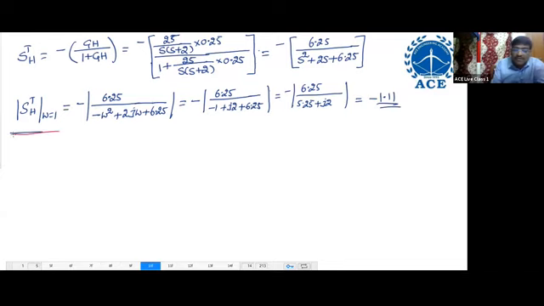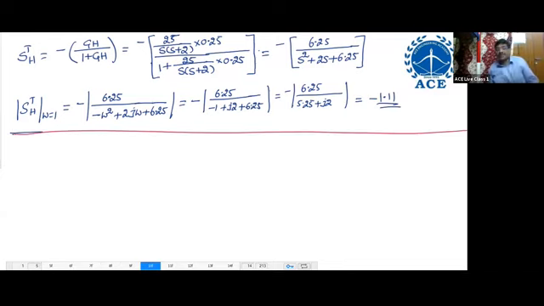Next, one homework question, you solve it after the class. Determine the sensitivity. Homework question, you note down.